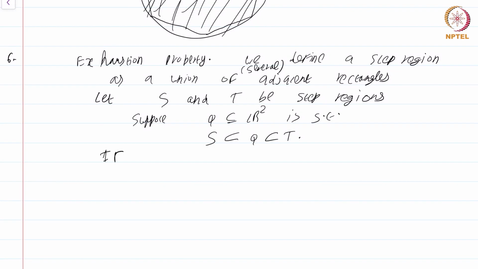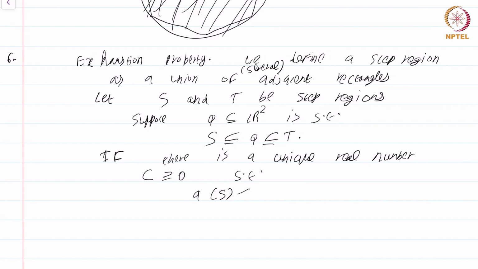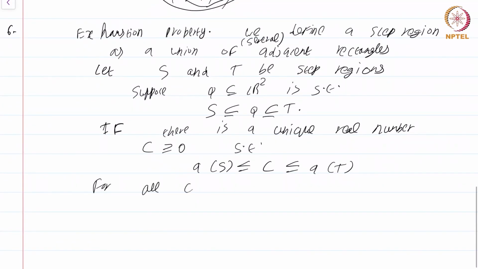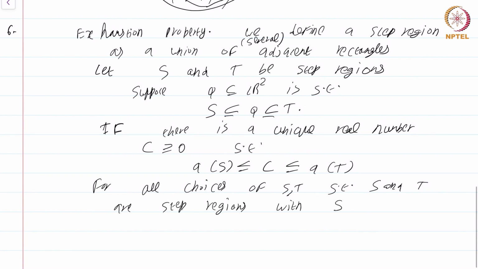If there is a unique real number C greater than or equal to 0, such that A of S is less than or equal to C is less than or equal to A of T, for all choices of S, T such that S and T are step regions with S subset of Q subset of T, then C is the area of Q.